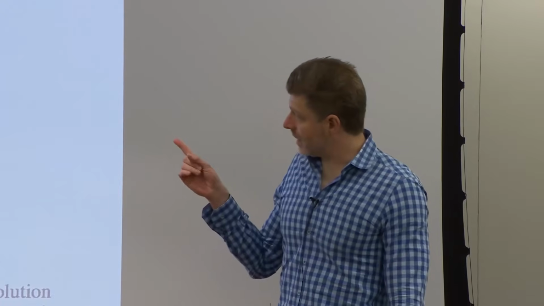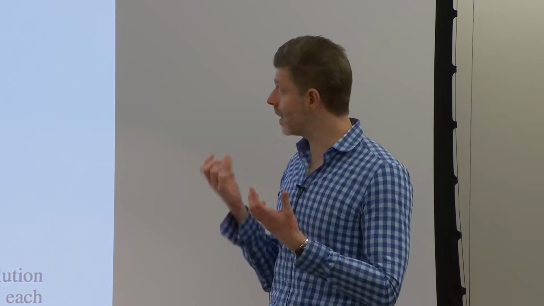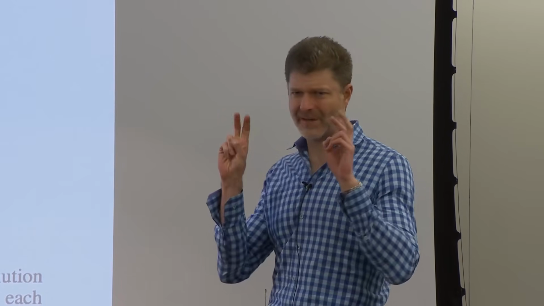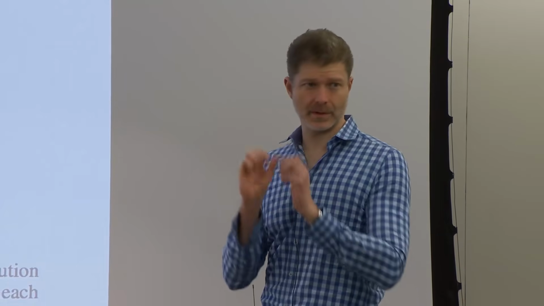And so interestingly, in this artificial setting, they could simulate problem constraints that don't really exist in biology. One of those problem constraints was enabling the system to have a zoom function in addition to simply being able to translate the receptor lattice around. Okay?